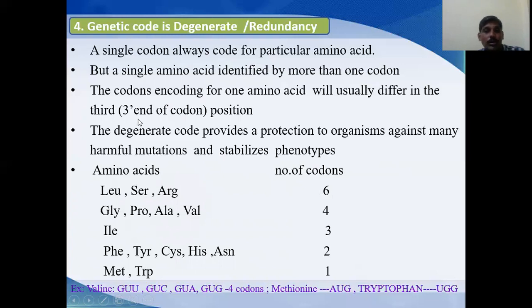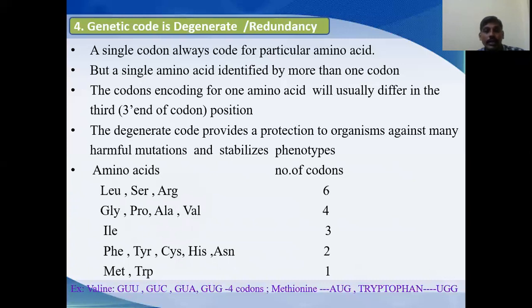In these 6 codons, normally 4 codons differ only in the third position of the base, which is always the third end of the codon. The degenerate code protects organisms against many harmful mutations and stabilizes their phenotypic characters.